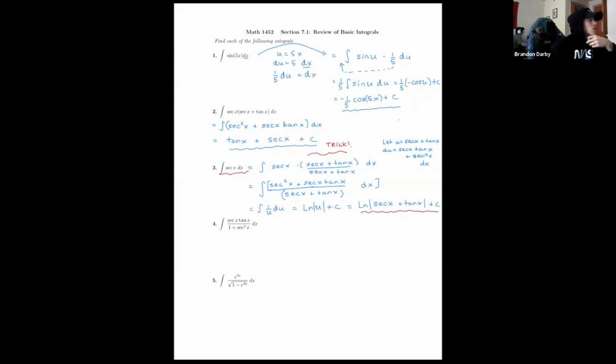1 plus secant squared is equal to tangent squared. It almost is equal to tangent squared. Let me show you the Pythagorean identity. I know sine squared plus cosine squared is 1. If I want the Pythagorean identity for tangent, I just take that and divide every term by cosine squared.